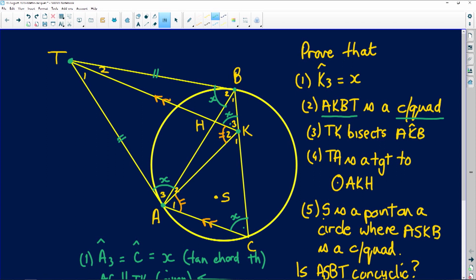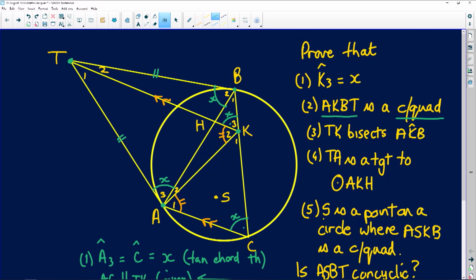And I'm sure you are all shouting out at home. It is because A3 became equal to K3. Look at this. With A3 over here equal to K3, both those angles are subtended by this tangent at the top, TB. So in that quadrilateral, angle A3 is subtended and K3 is subtended.